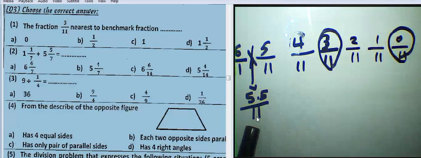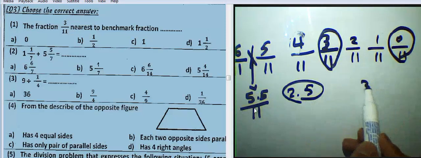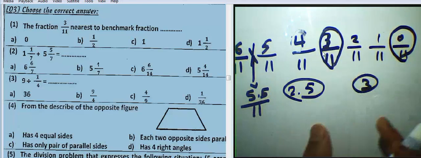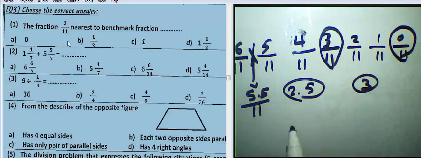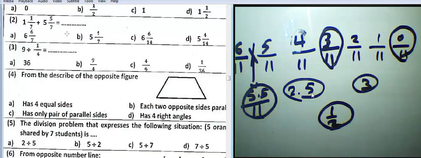By using the benchmark, it is half of the denominator. 3 over 11 is closer to 0 because the distance between 3 and 0 equals 3, compared to the distance between 3 and 5.5, which equals 2.5, because half of 11 equals 5.5.